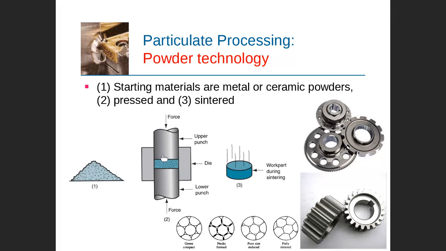It is very simplified here just to show you, but actually this must be designed to get the shape. You get the shape in the compaction, and then you put it in a furnace for sintering to get the solidification strength. So initially you get the shape by compaction, but you get strength by the sintering process.